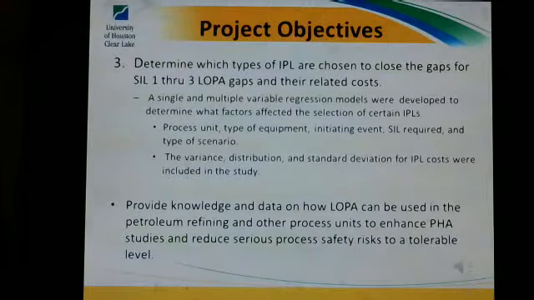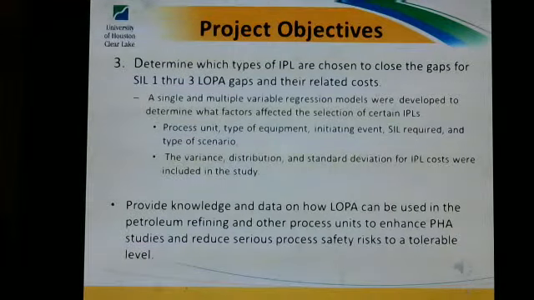My third objective was determining if there are any factors that can predict the type of independent protection layer or protective device to close the gaps for SIL 1 to SIL 3 LOPA gaps and the related costs.